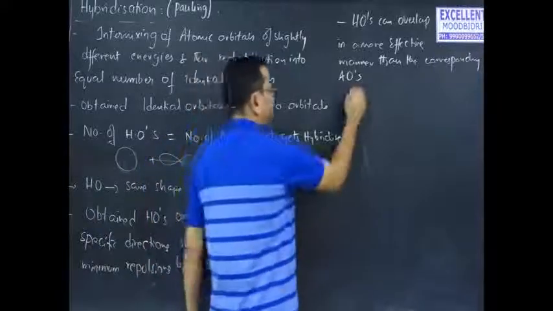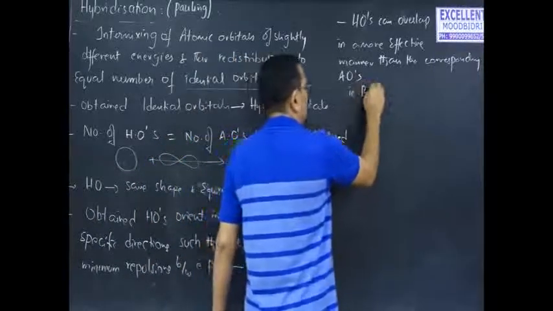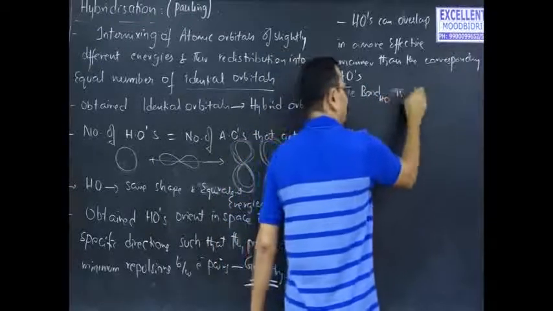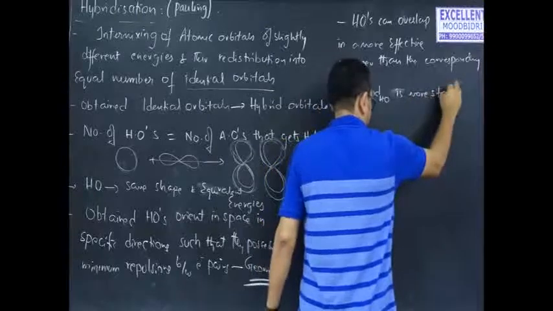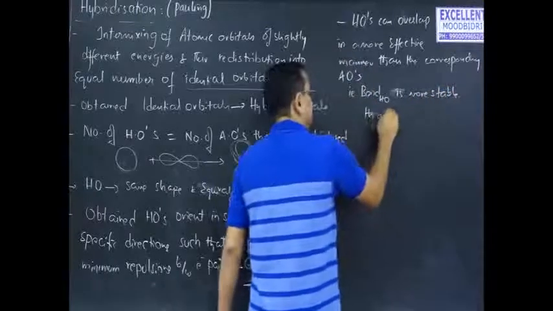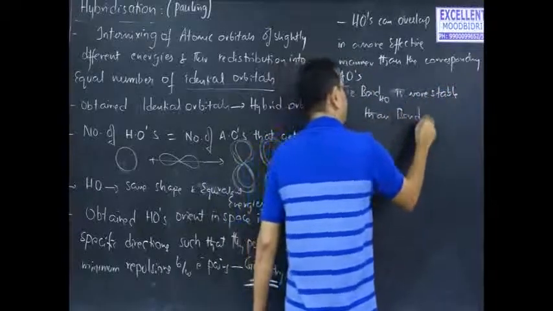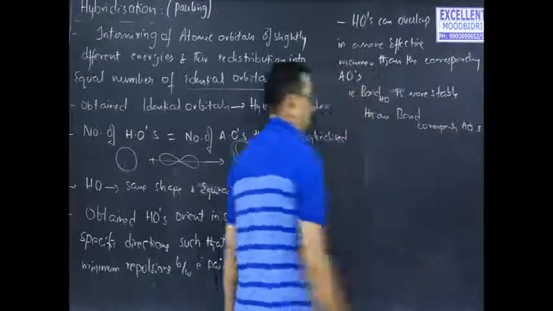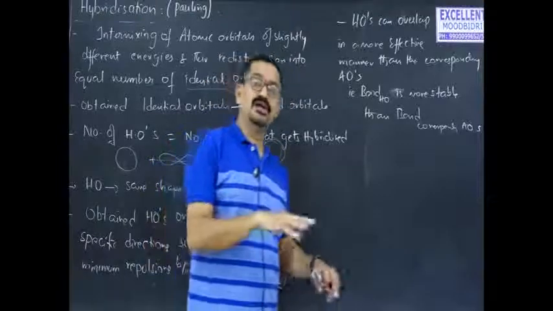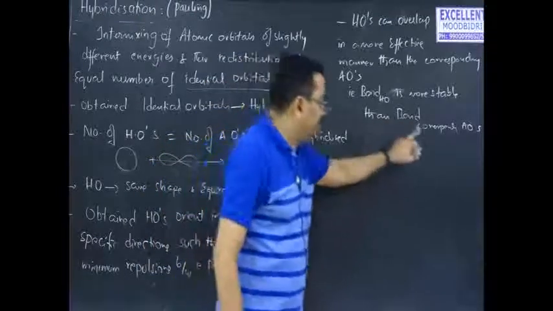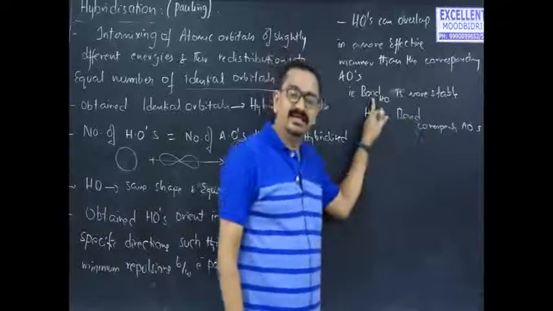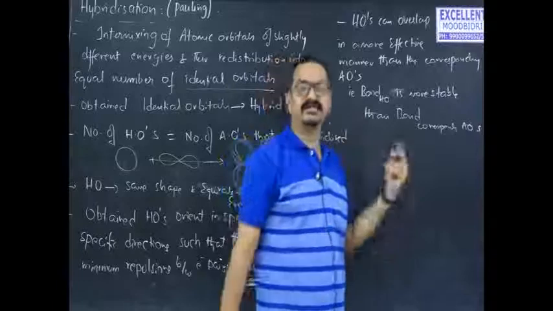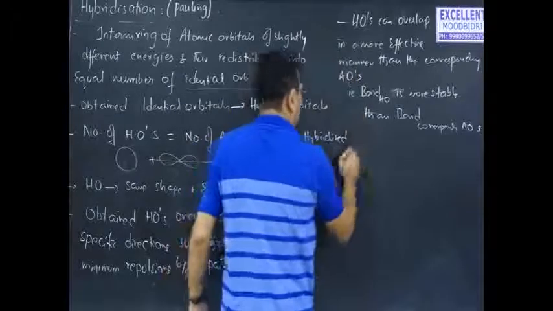That is, a bond formed by hybrid orbitals is more stable than a bond formed by the corresponding atomic orbitals. When compared with the bond formed by the overlap of atomic orbitals, the bond formed by these hybrid orbitals by a similar overlapping is much stronger and more stable. This is the point to be noticed.